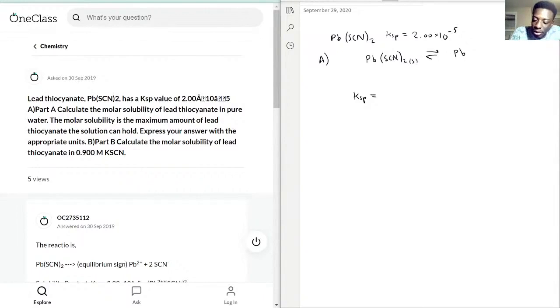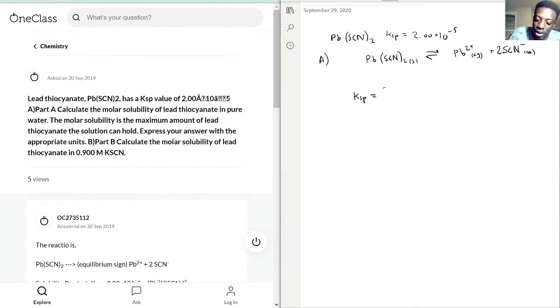We have Pb2+ aqueous plus 2 SCN minus aqueous. Remember that the Ksp is the moles per liter of products over moles per liter of reactants, but only if they're aqueous, so we don't count the solids.